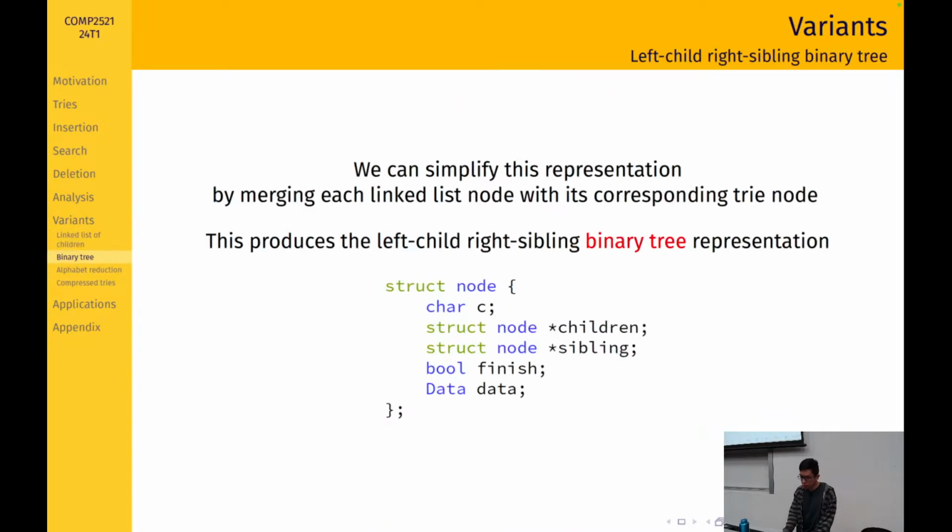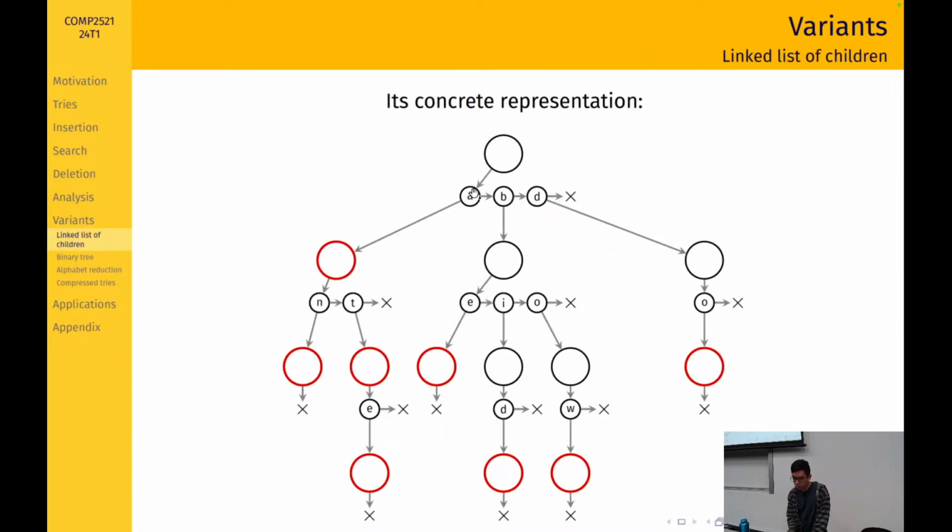But it turns out that since each of these linked list nodes is always going to have a pointer to a trie node, what we can do is merge these together. So we can take this linked list node over here, merge it with this trie node, take this linked list node here containing B, merge it with this trie node, and so on.